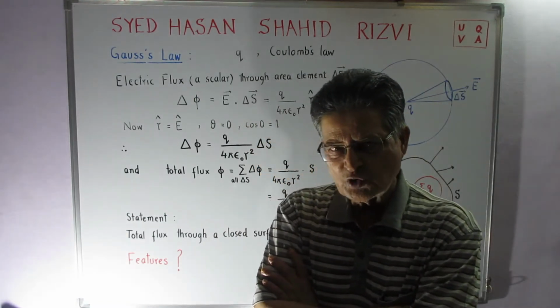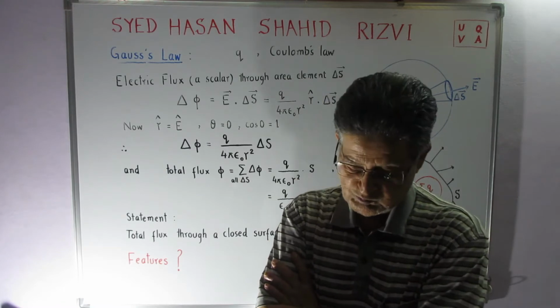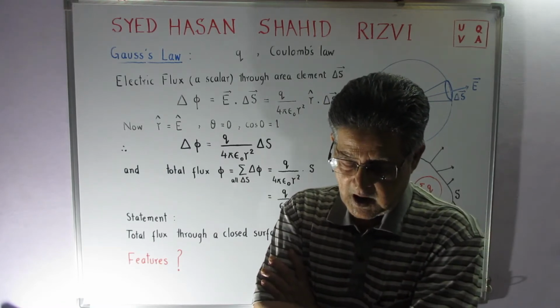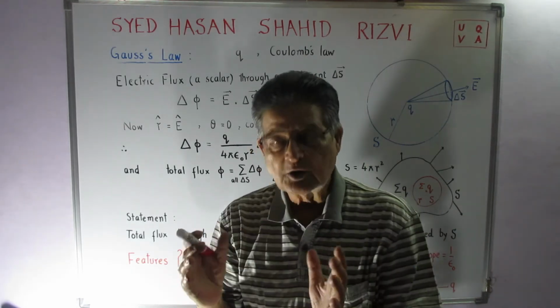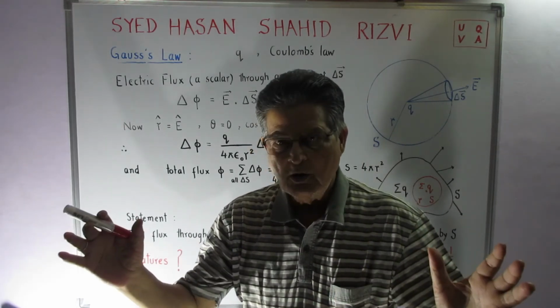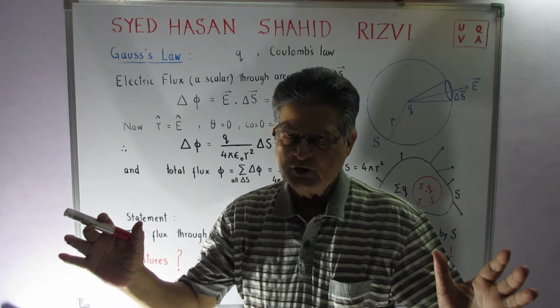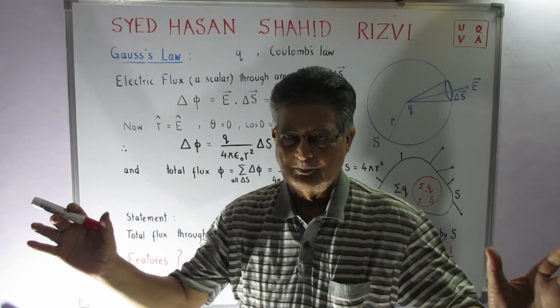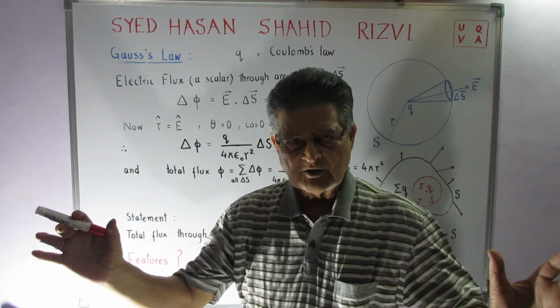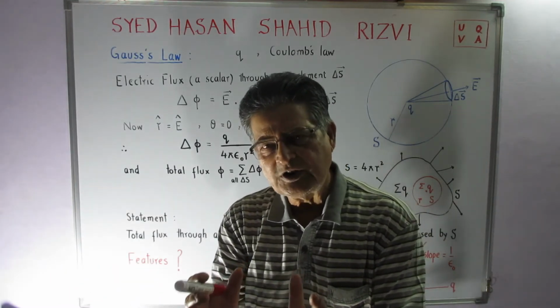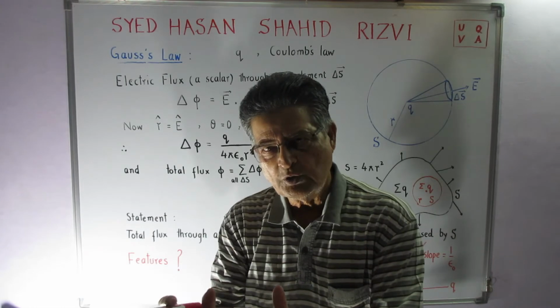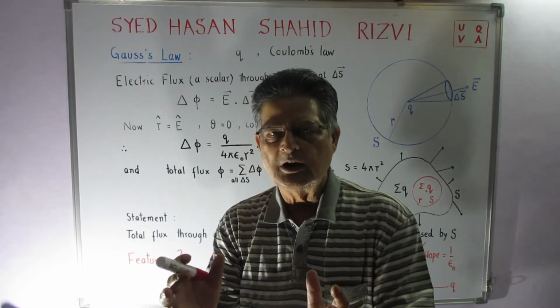So there has to be a source. If the flux out is more in quantity, then that thing should be more. If the flux out is less, then that entity has to be less.